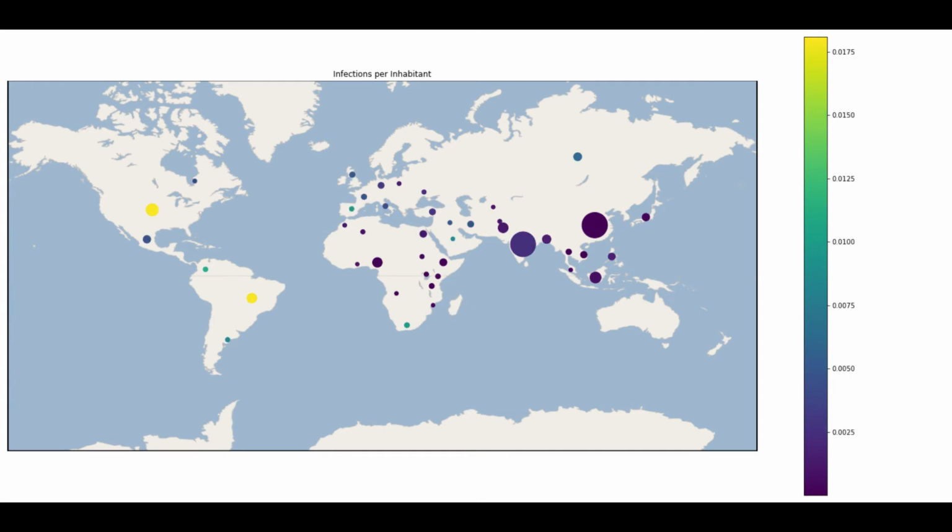This brings us to the next point, which is a visualization where we show the amount of reported infections per inhabitant. So that ranges somewhere between 0.25% and 1.75%.